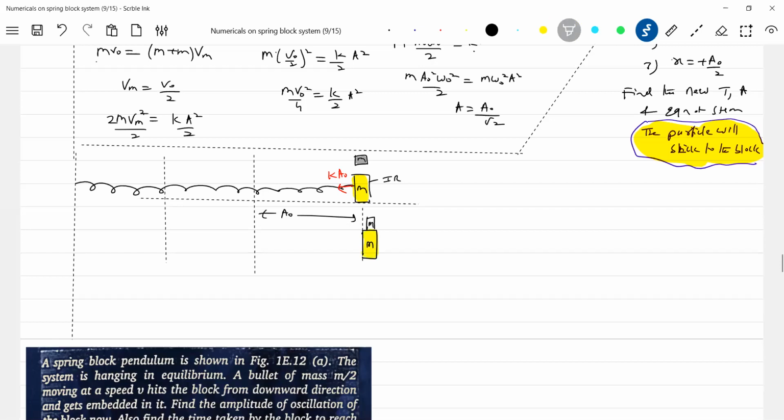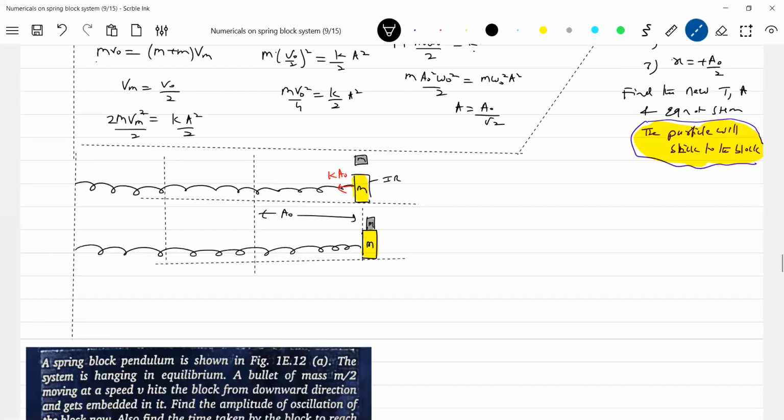Will anything happen to the time period of oscillation? It will change. Okay, the time period of oscillations is going to change. Will the amplitude change, at right extreme or left extreme?